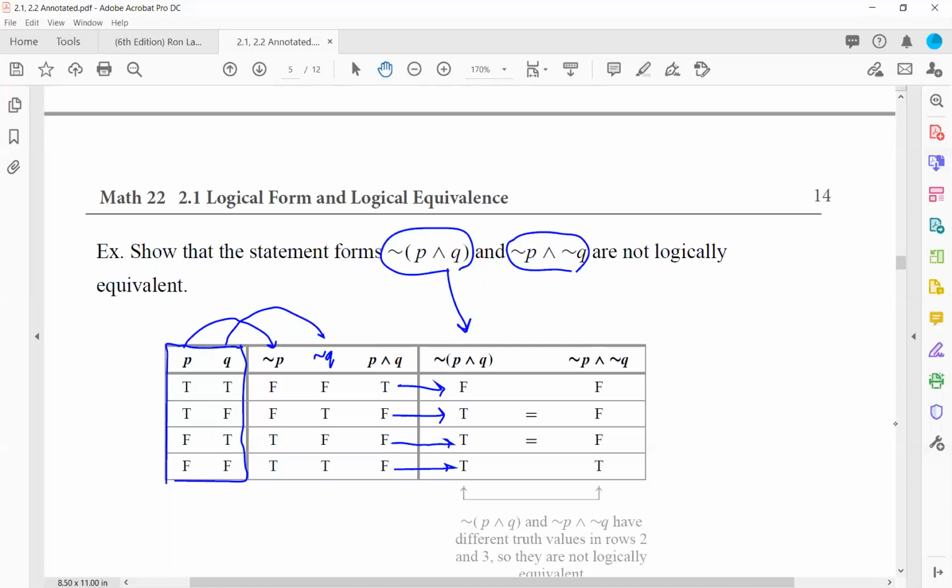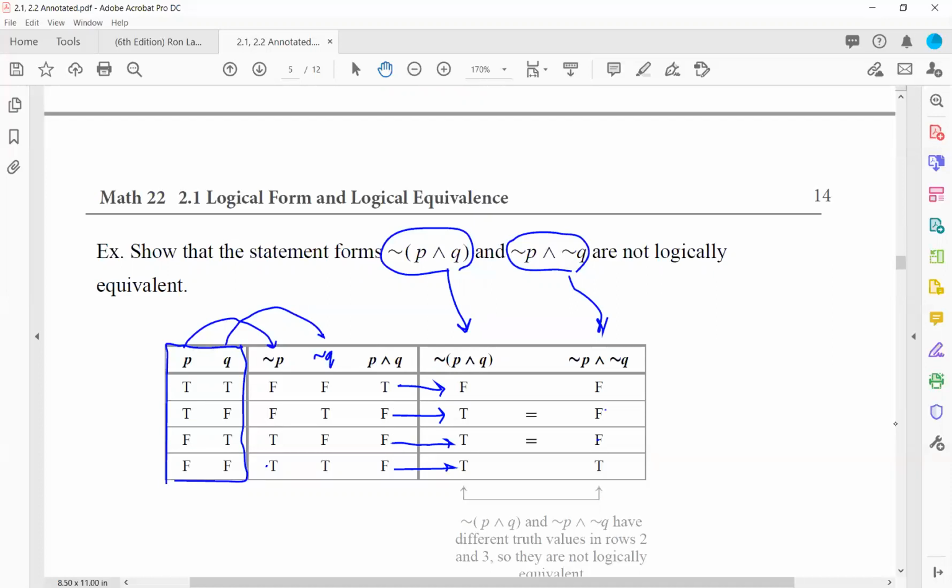What about not P and not Q? The combination of not P and not Q. False and false, false. False and true, false. True and false, false. True and true, true. Okay? Here you have 2 columns. Let us compare these columns.